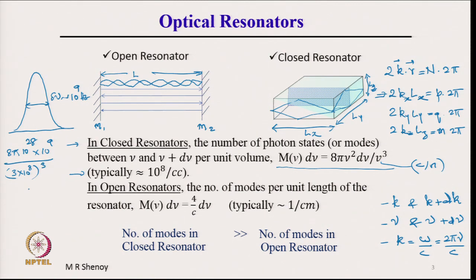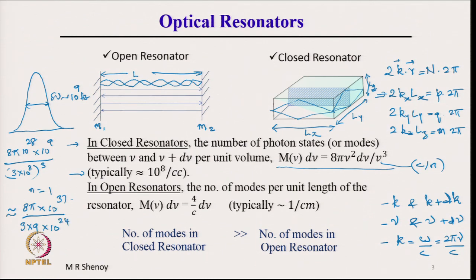Let me assume n is equal to 1, and then this will come out to be approximately, per meter cube, 8 pi into 10 to the power of 37 divided by 3 cube. So, that is 3 into 9 into 10 to the power of 24.